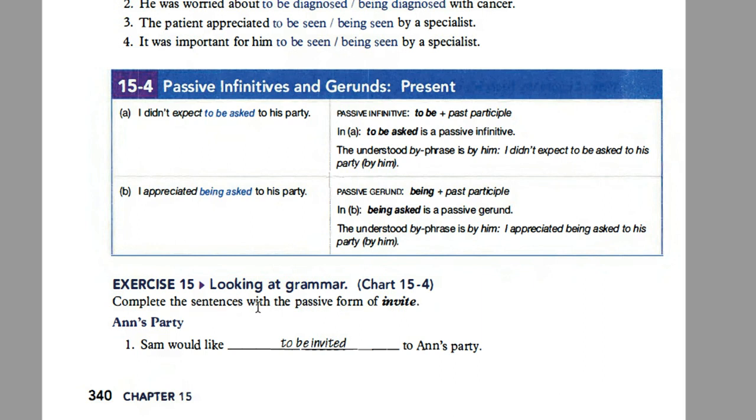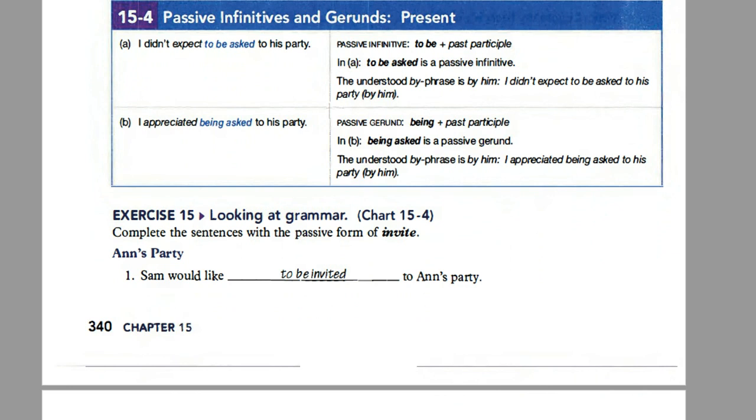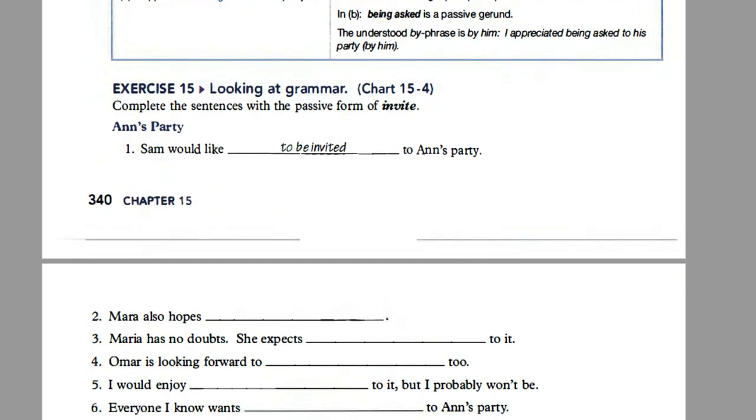So the sentence here, complete the sentences with the passive form of invite. So the question will be asked like this: complete, or which sentence is in the passive form of invite in case of infinitive. So you have to remember, if I ask you the question, it will involve the word infinitive and passive, and you need to find out the structure.